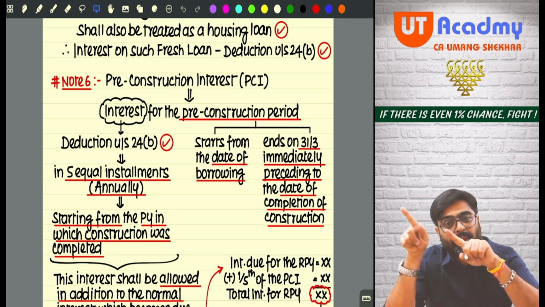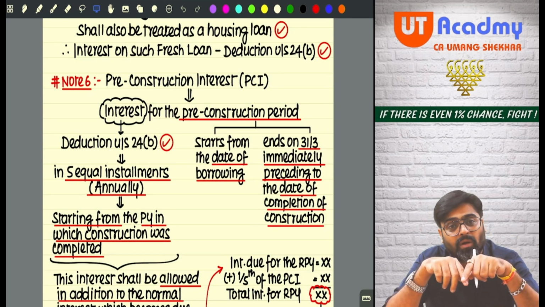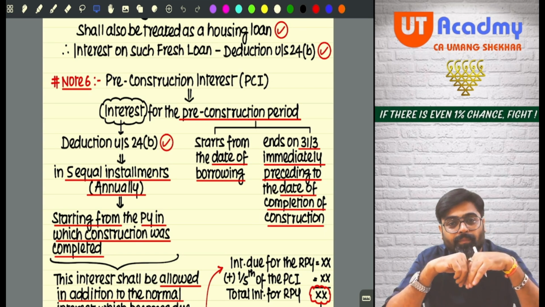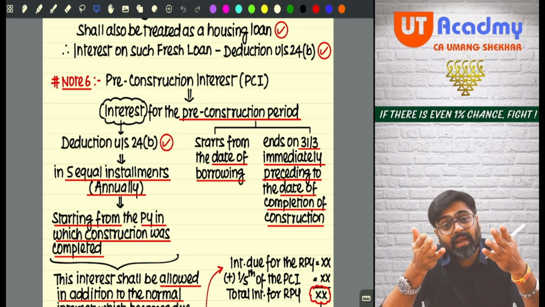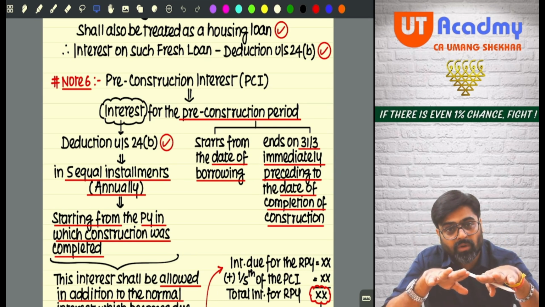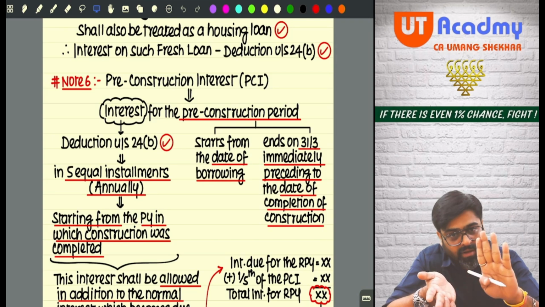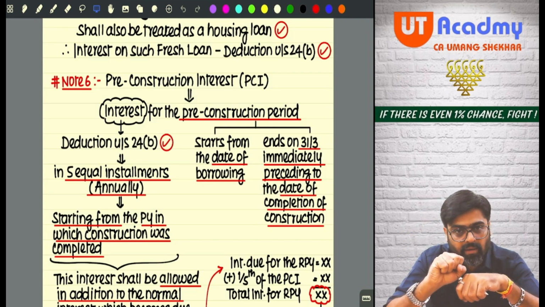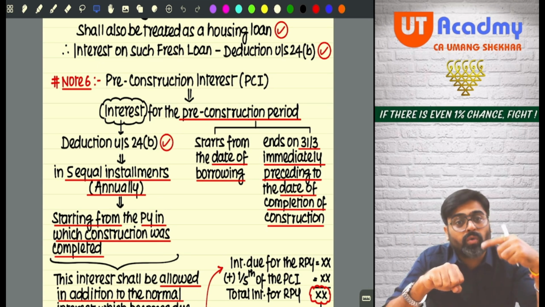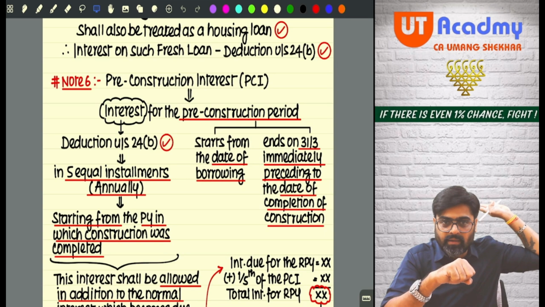Are you going to pay interest with effect from the date of starting the construction or with effect from date of borrowing? Yes. So from the interest perspective, you are going to pay the interest to the bank with effect from the date of borrowing only, no? So you took one loan from the bank, and by taking this loan, you now start the construction, or construction was already started.